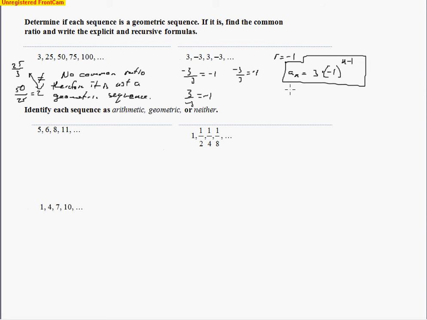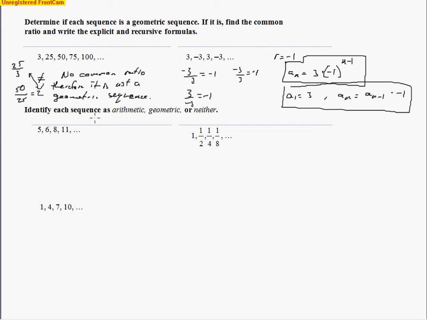And then the recursive formula, let's go ahead and write the initial value first. So a_1 equals 3, and then a_n equals a_(n-1) times r, which is negative 1. So those are the two parts there, recursive and explicit.